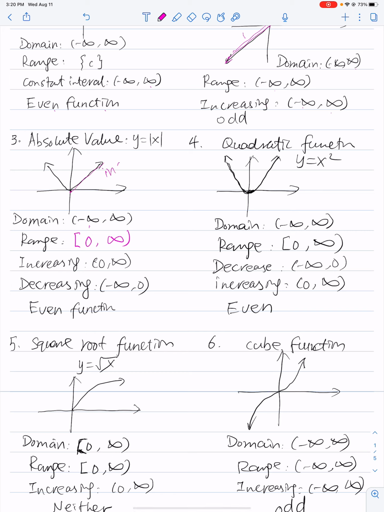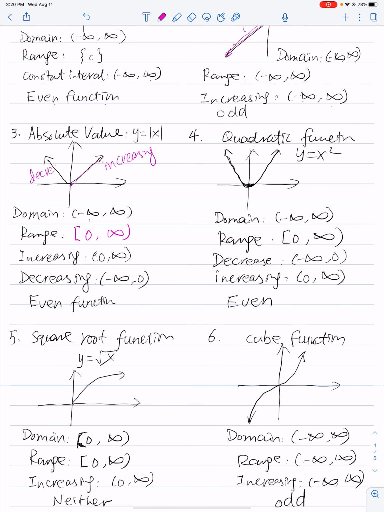Here is increasing, and here is decreasing. So 0 to infinity is increasing, and decreasing means negative infinity to 0, always in terms of the x value. It's even because it's symmetric to the y-axis.